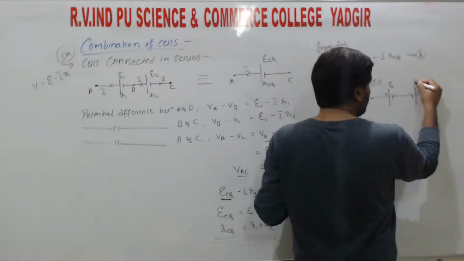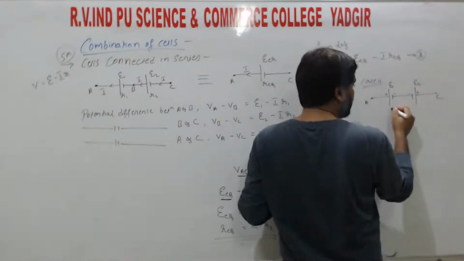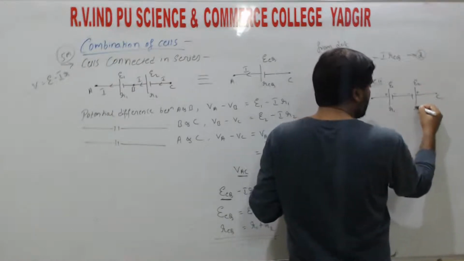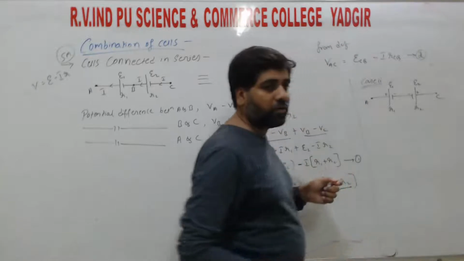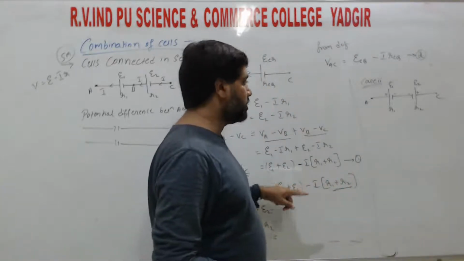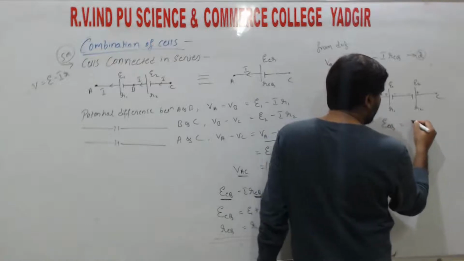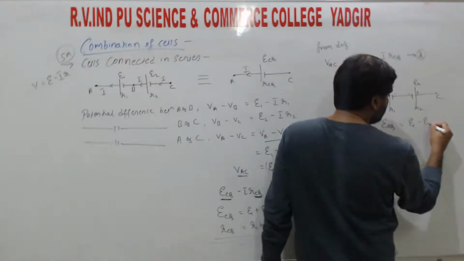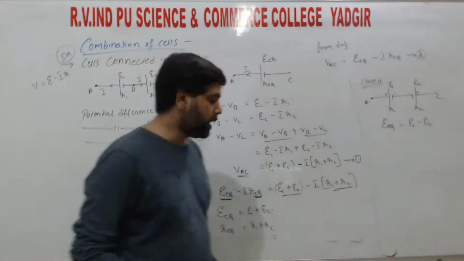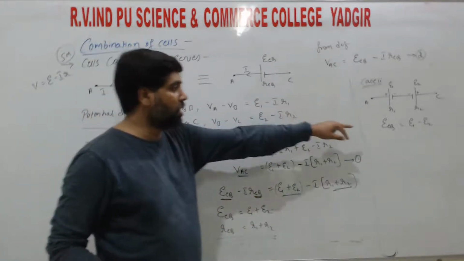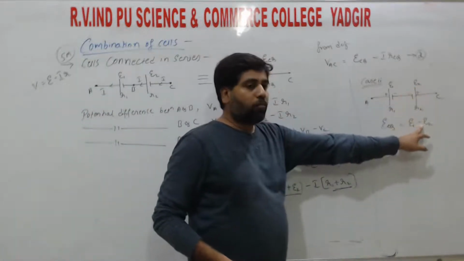E1 is the EMF and E2 the EMF of the second cell, R1 and R2 are their internal resistances. Then E equivalent equals E1 minus E2, since the direction changed and E2 becomes minus E2.